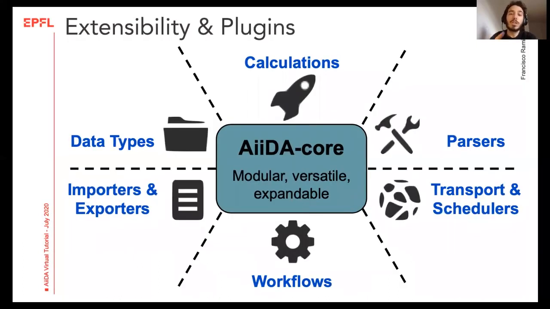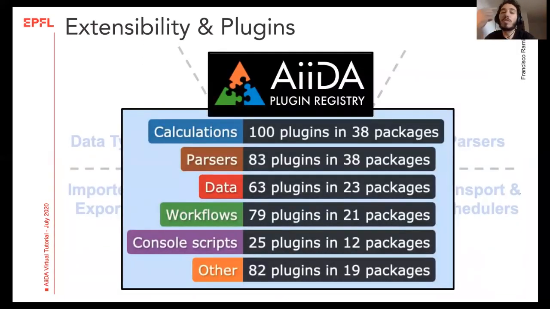But calculations are not the only aspect of AiiDA that you can expand and customize. You can see that there are many other types of plugin, and the best part about this is that you might actually not need to create your own plugins, because AiiDA also fosters a community of plugin developers.